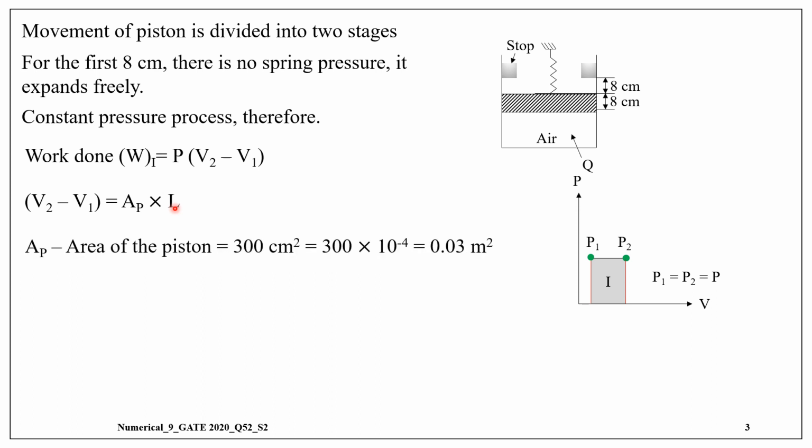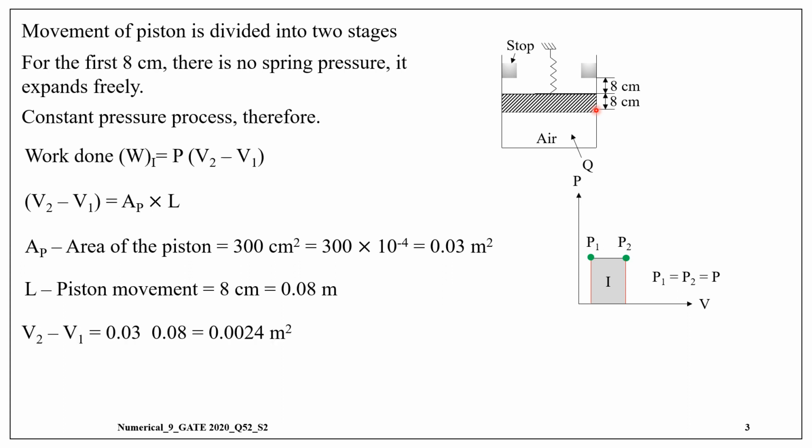Area of piston given as 300 centimeter square, which is equal to 0.03 meter square, and the distance through which the piston is displaced is equal to 8 centimeters. L equal to 8 centimeter, which is equal to 0.08 meters.